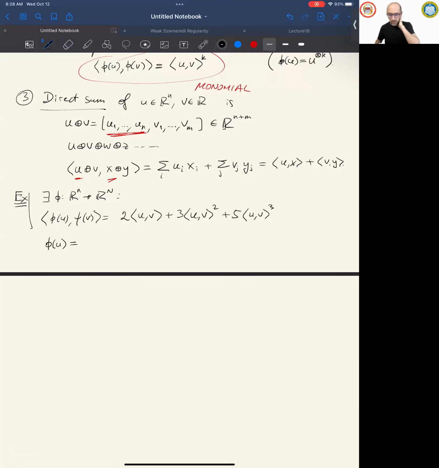Phi of u. So I guess it will be a direct sum. It will be something, something, something, plus something, something, plus something, something, something. Each component will realize the corresponding inner product. So for the first one, what should I put here?